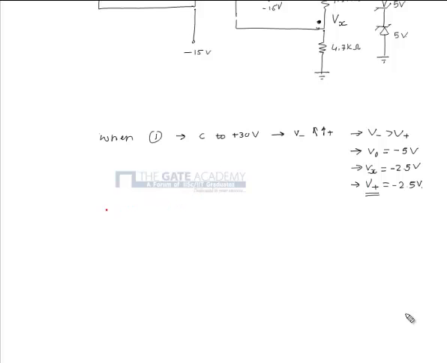Now to switch the output to plus 5 volt, V negative should be less than V positive. Inverting terminal should be less than non-inverting terminal.